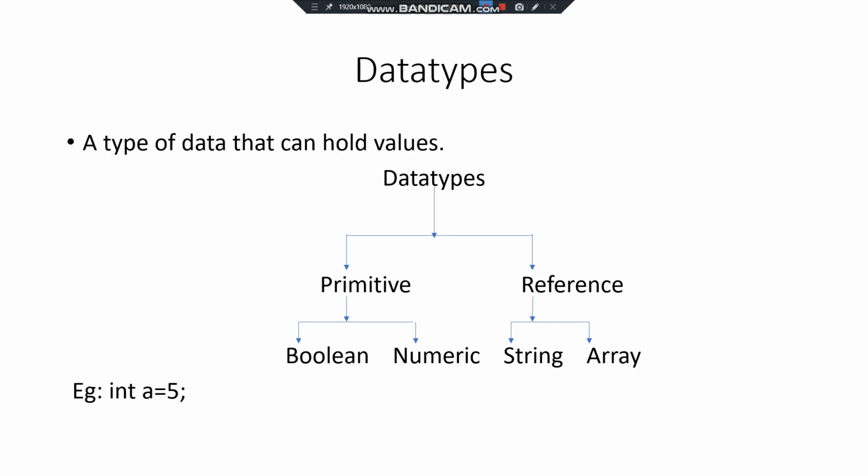The numeric is further classified into two categories. One is the integral and the other is the floating point. Integral holds short, int, byte and long, whereas floating point holds float and double. An example is illustrated here saying that an identifier A is assigned to the variable pi with the data type int.